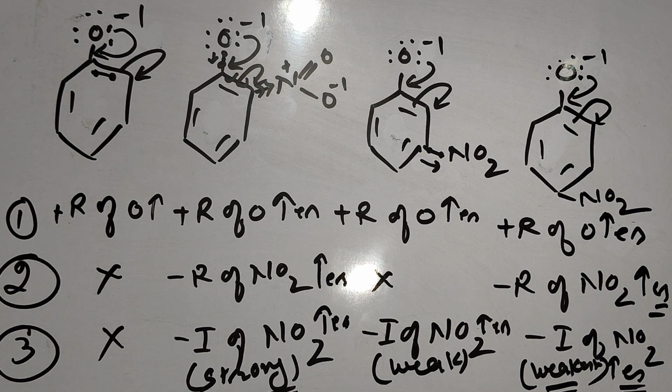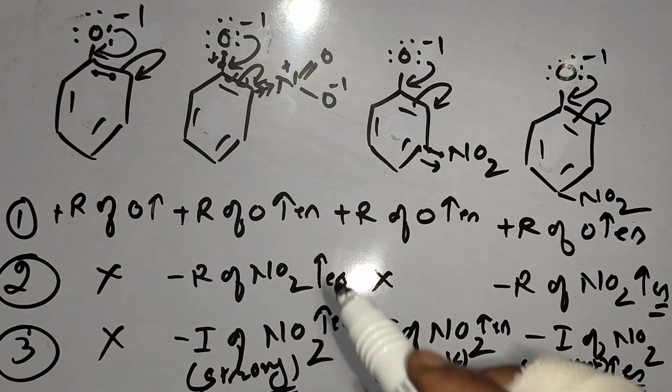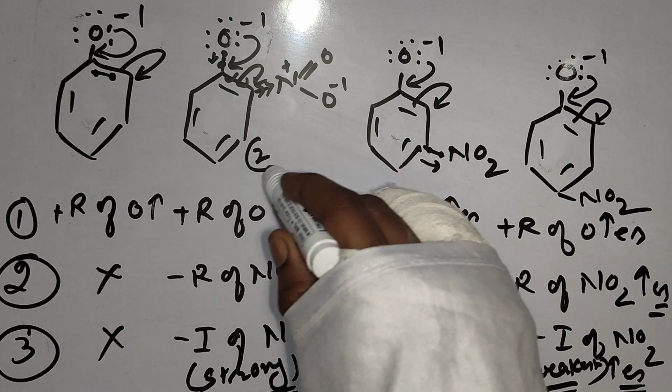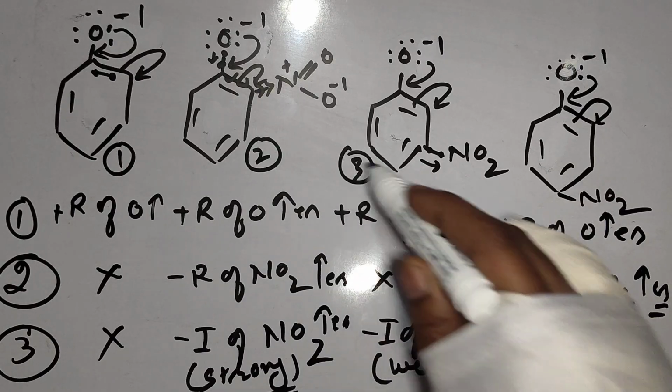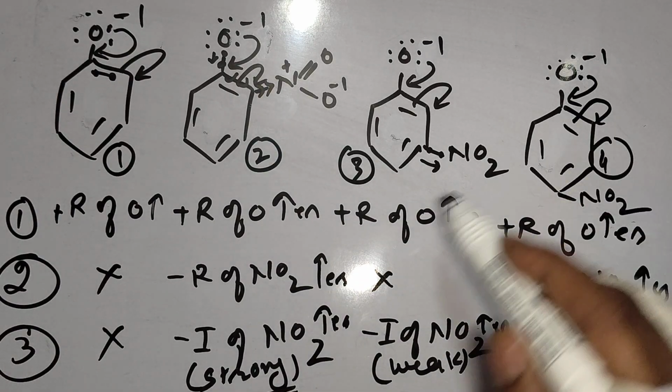Now it's time to conclude. Please check in which anion the negative charge is decreased highly. In which case is the negative charge of oxygen decreased highly? I believe this is the second case. Let's number them: first case, second case, third case, and fourth case.